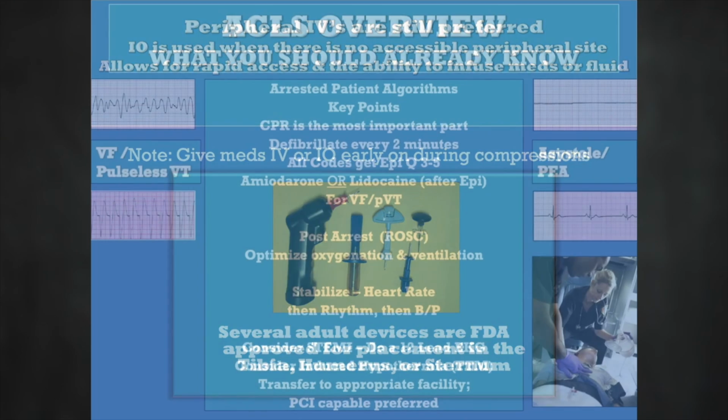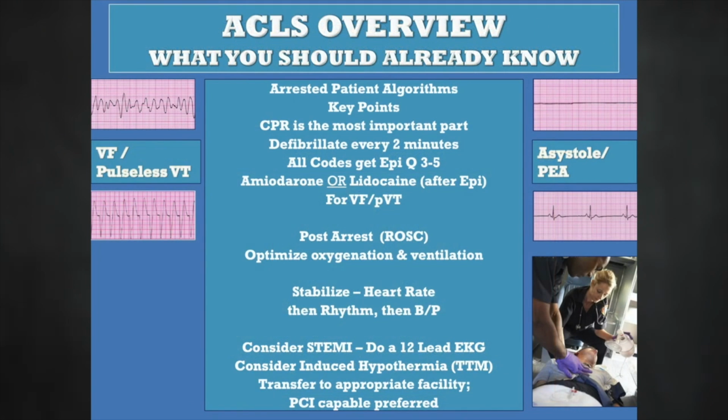So let's talk about cardiac arrest management, and then we'll look individually at each algorithm for treatment. The general cardiac arrest management basically says this. CPR is the most important part. Defibrillation for ventricular fibrillation is the next most important part.